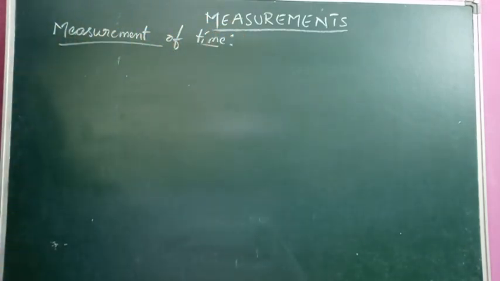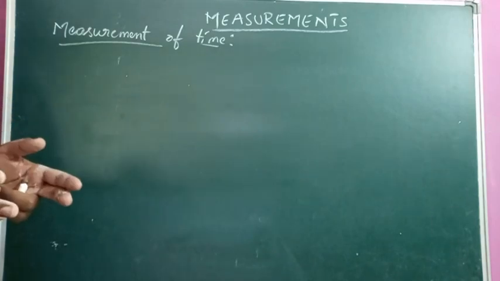Every day in our daily activity starts at a certain time, let's say 6 a.m., and the quantity we measure is the time. So time is an important quantity needed in our daily life, and time is nothing but the interval between two events.